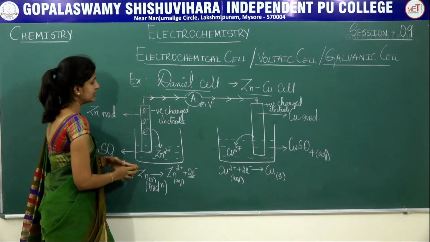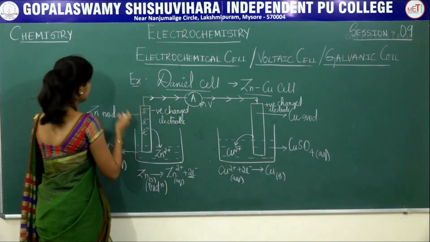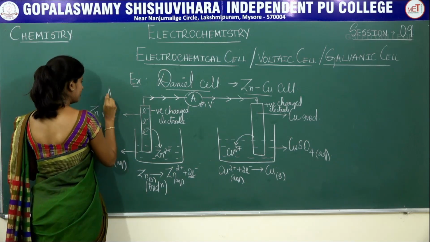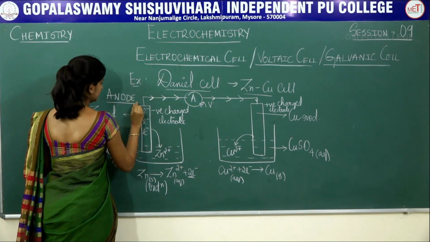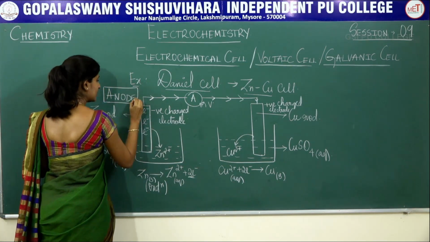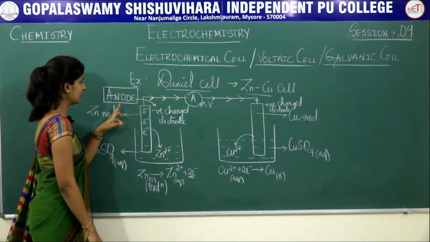Here in the electrochemical cell, the negatively charged electrode is called the anode. Very important, it is called the anode. Remember, anode here is negatively charged.